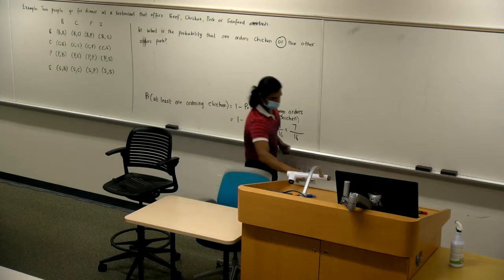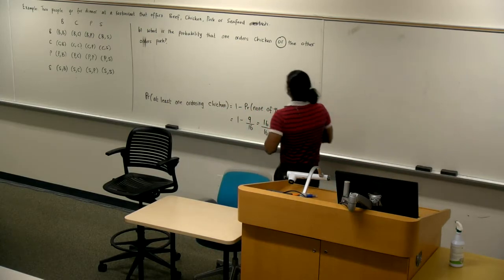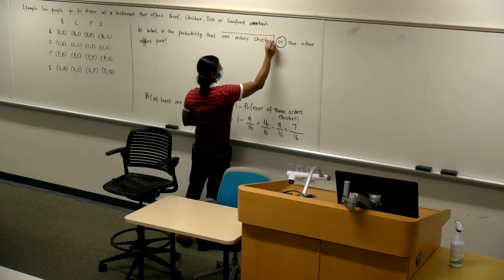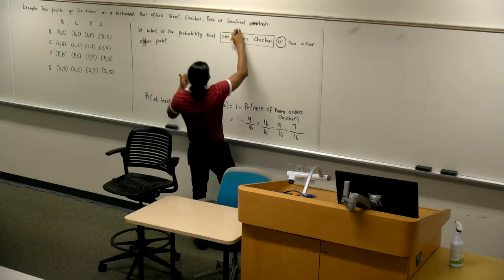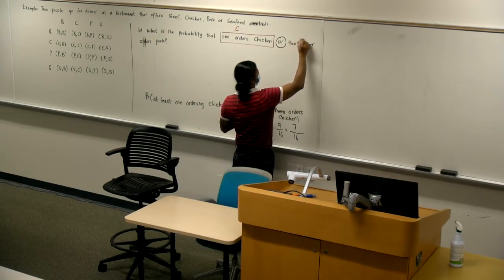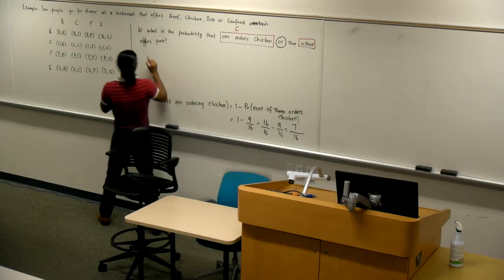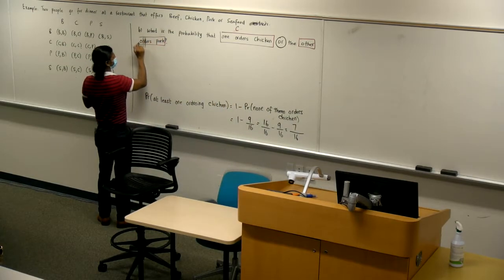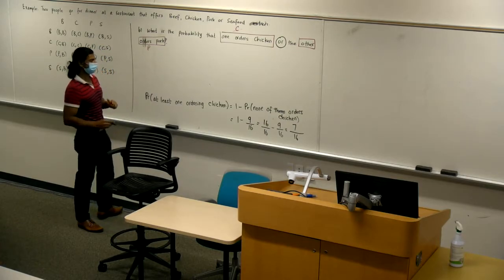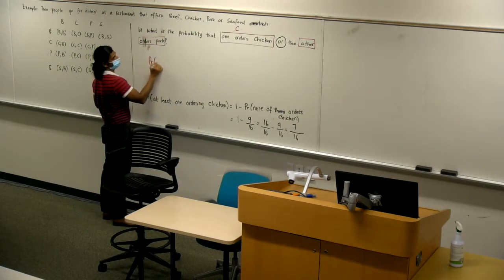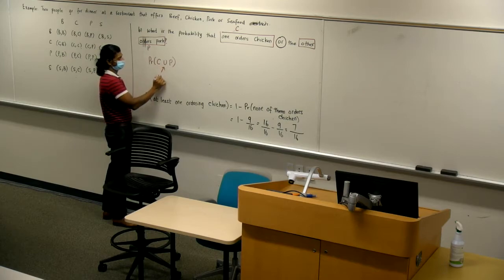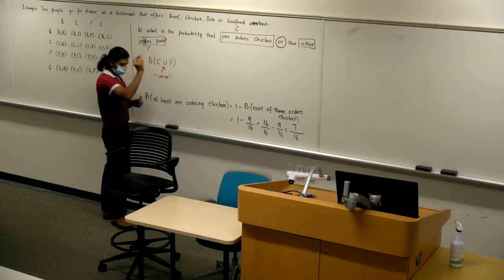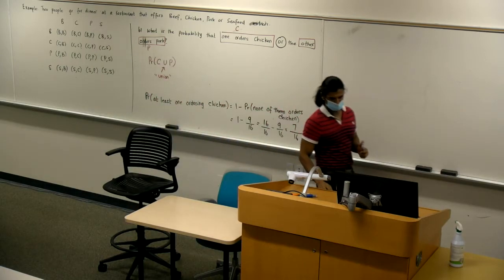So let's call the person ordering chicken event C, and ordering pork as P. And what we're trying to find is the probability of C union P. It's not the probability of C intersection P, it's union. So use the rule and tell me what answer you get.